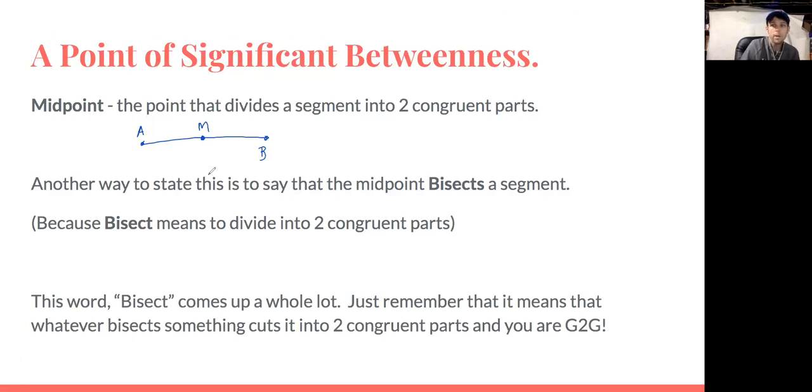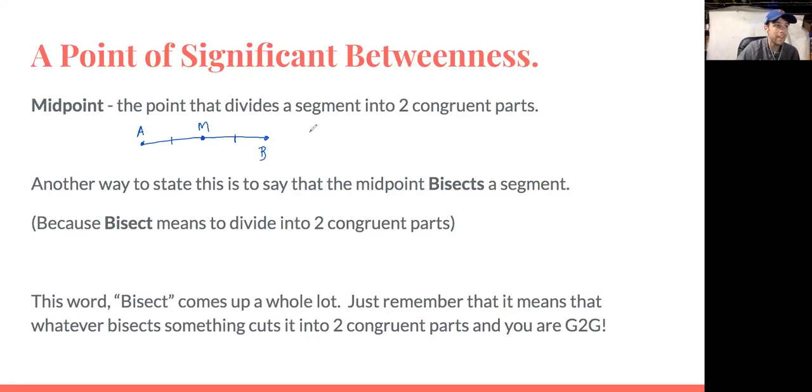On a diagram, without us saying that this is the midpoint, there might be some notation on the picture to help us know that. If we see tick marks like this, which means that this segment from A to M is congruent to this segment because it has the same tick mark, that would help us know that this is the midpoint.